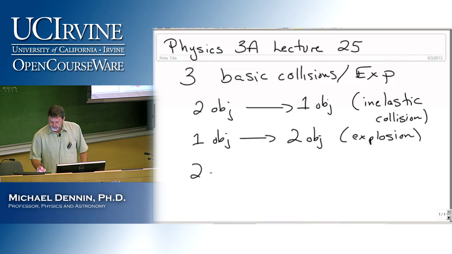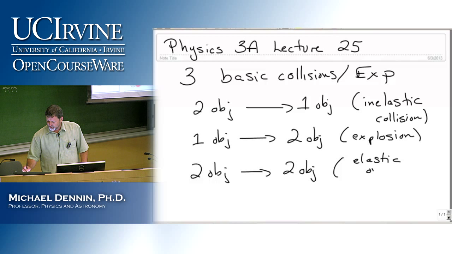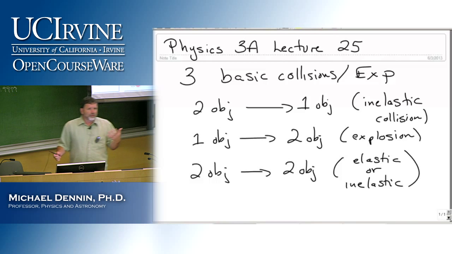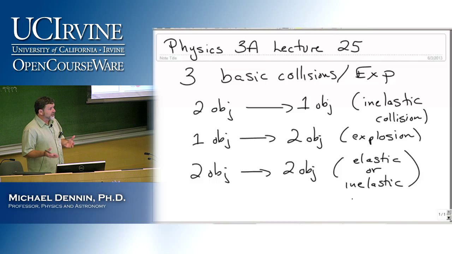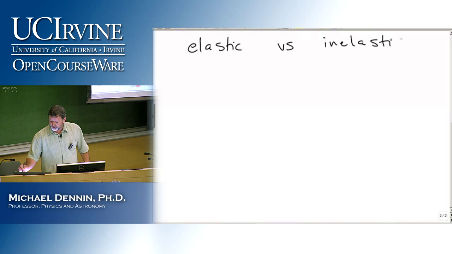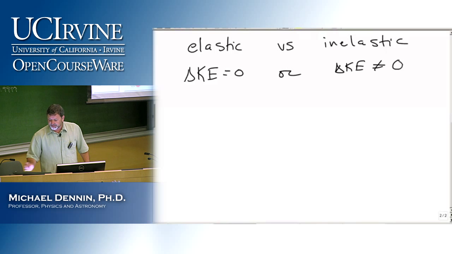And the final one is our 2 objects going to 2 objects. And this will either be elastic or inelastic. And though we defined elastic collision as conserving mechanical energy, almost all the time, the elastic versus inelastic is a question of whether or not the change in kinetic energy is 0 or whether it's not 0.